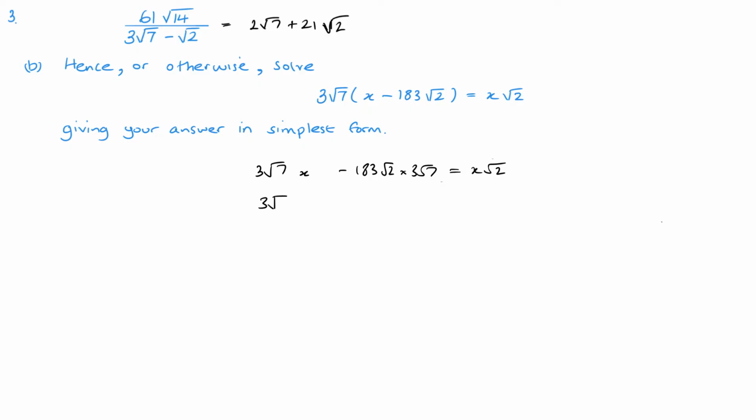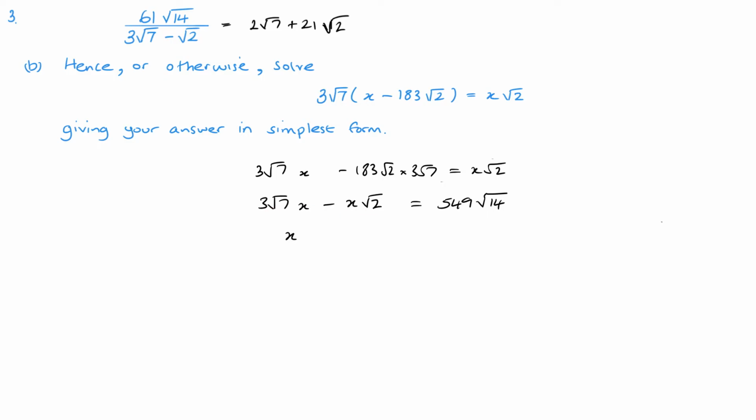So 3 root 7x minus x root 2. 183 times 3 is 549, and over to the other side it becomes positive, and root 2 times root 7 is root 14. So we're looking like we're going to get something like this.